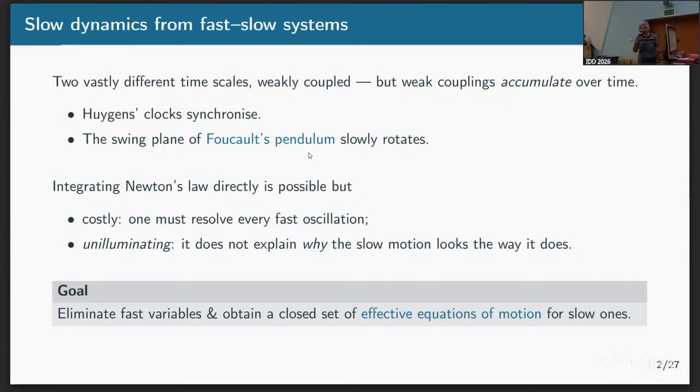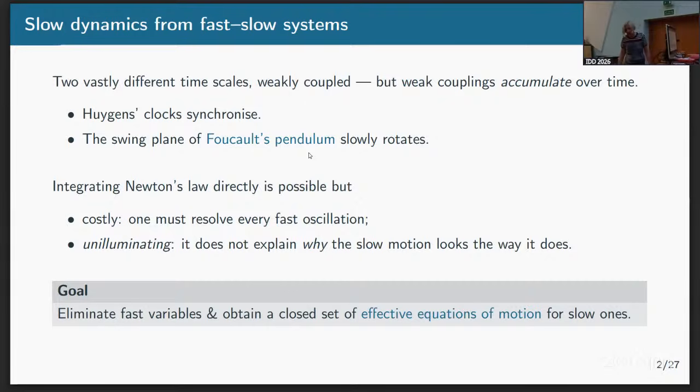For the systems we are looking at, it's a Newton law, and you know how to integrate it directly, either analytically if the system is integrable, or numerically. However, this is usually very costly, because if you have fast degrees of freedom, you have to integrate over a very long time and many oscillations. So it's computationally very costly.